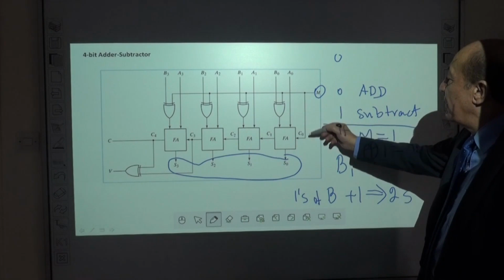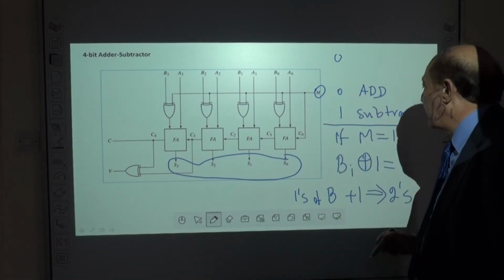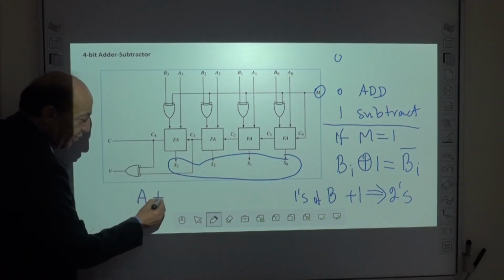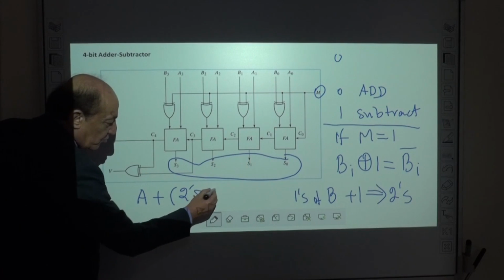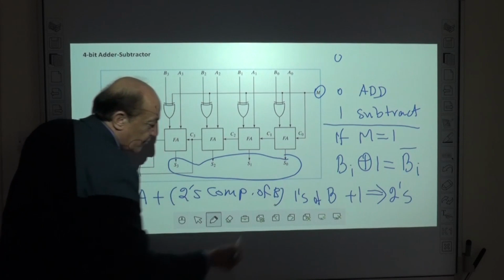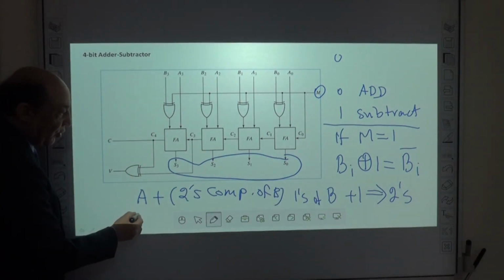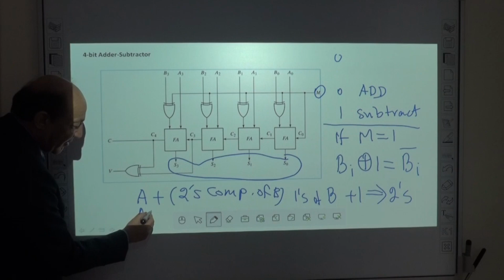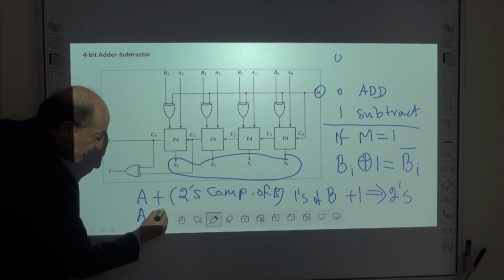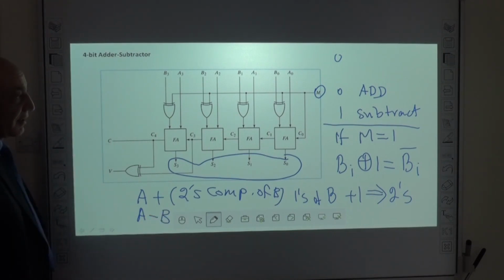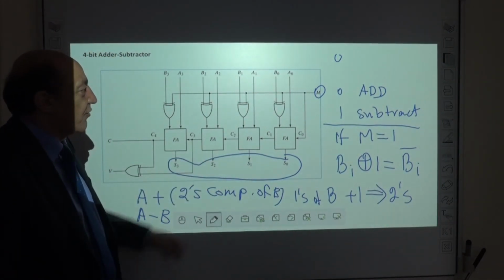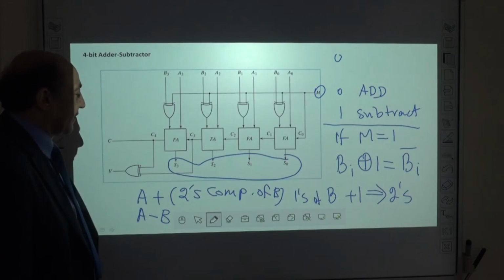So if M is equal 1, we are adding A to 2's complement of B. And this is equivalent to A minus B. If M is 1, then we are performing subtraction. If 0, we are adding.